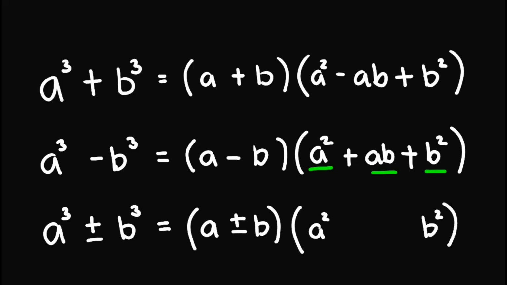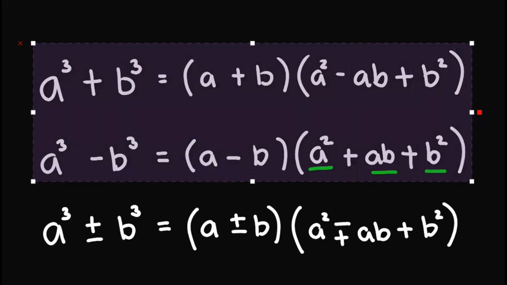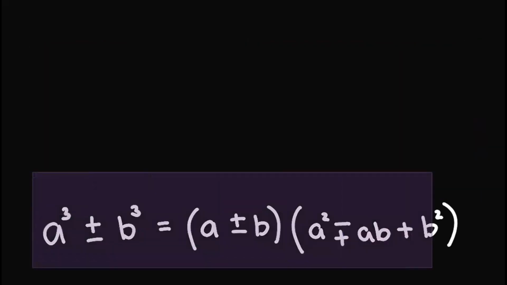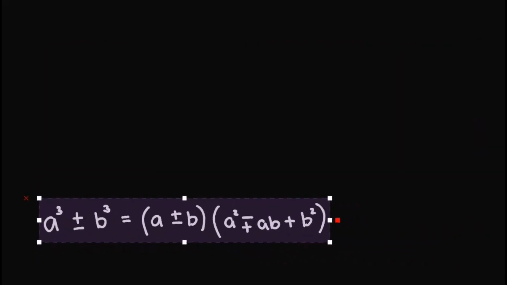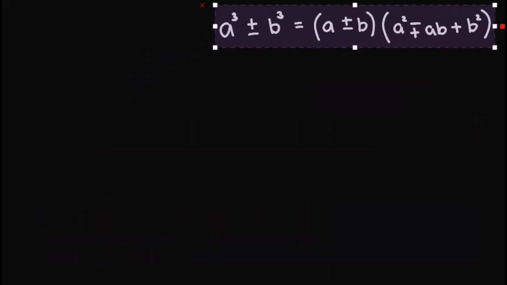The middle term, we simply multiply, so we'll have ab, and the sign is reversed, so we'll have minus and plus here, and this one out here is always plus. So that is the general form of the sum and difference of two cubes. So let's move this one up here for our guide.